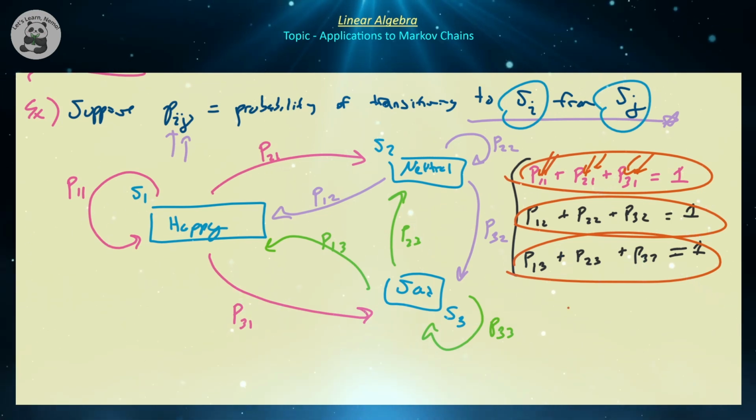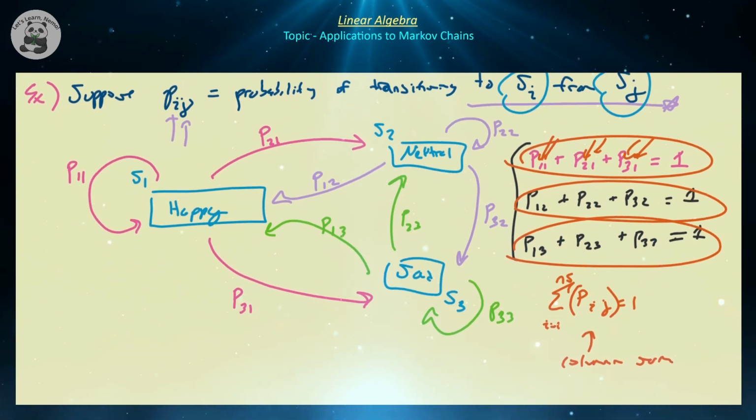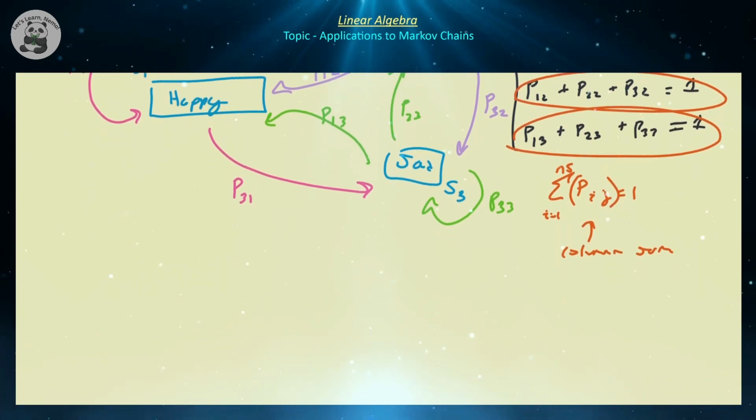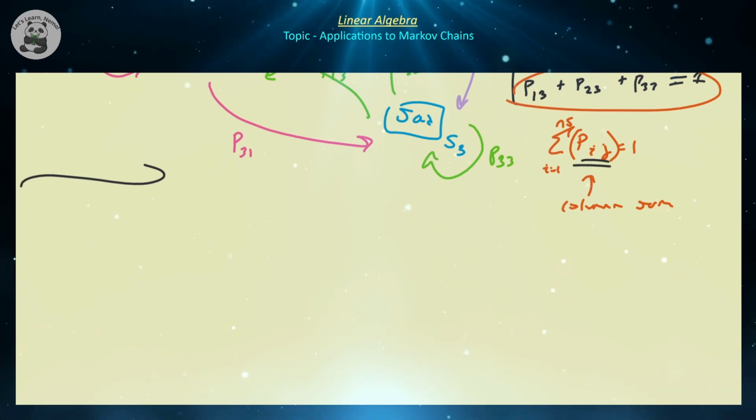We can generalize this as the sum from i equal to 1 to ns of Pij is equal to 1. And this is obviously going to be a column sum once we place all those matrix elements inside a matrix. So now let us formally define the matrix that's going to contain all of these Pij values.